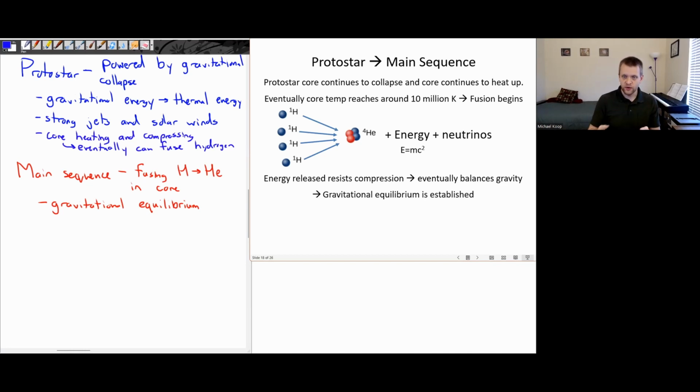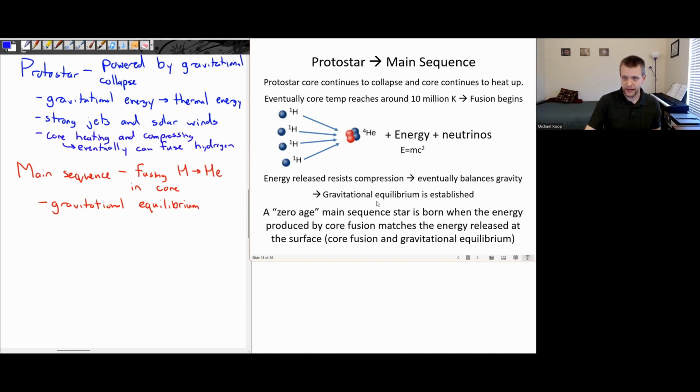And finally, we have gravitational equilibrium established. So when we go from this protostar to a main sequence star, that is when the core fusion rate matches the energy released at the surface. Basically, the core fusion and gravitational equilibrium, both of those conditions are met. That's when we go from a protostar to a main sequence star.